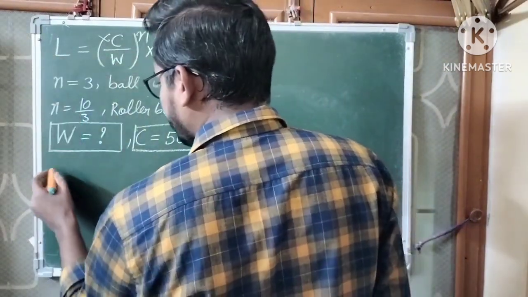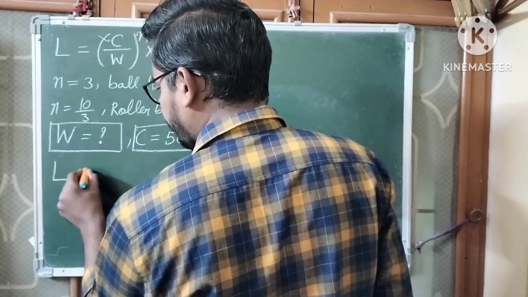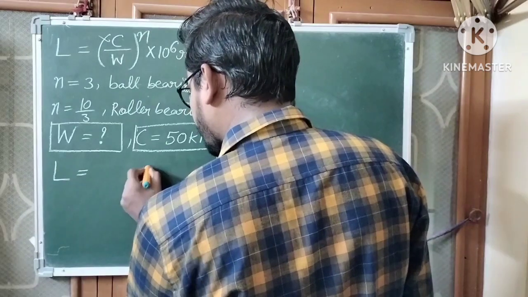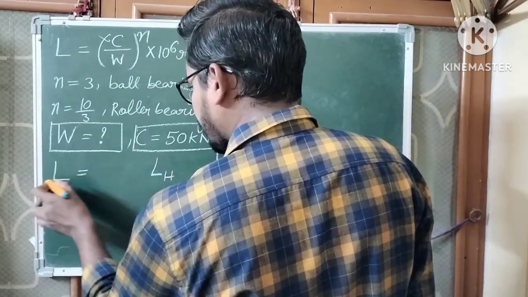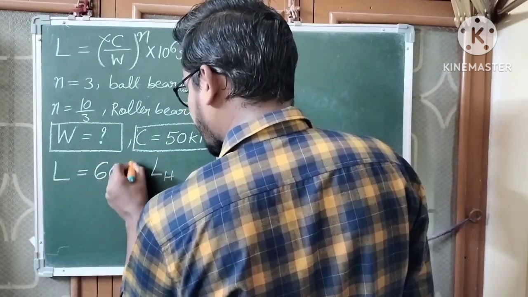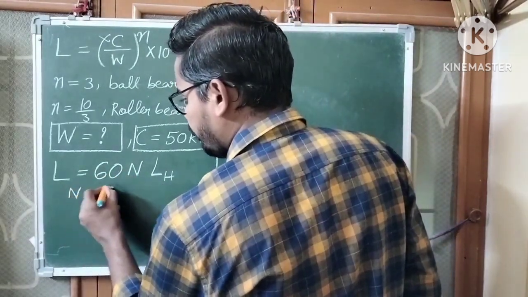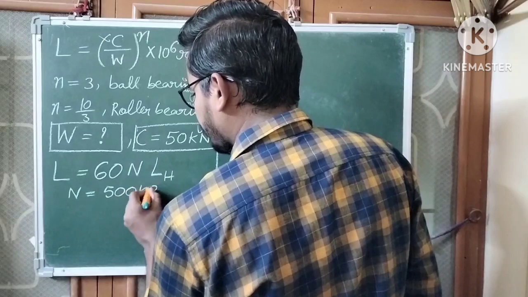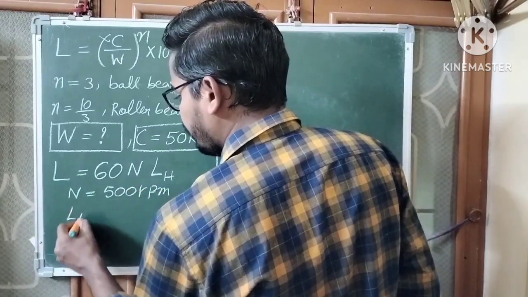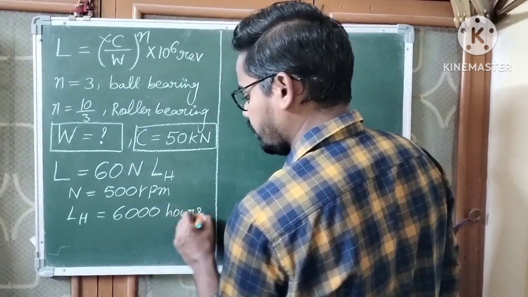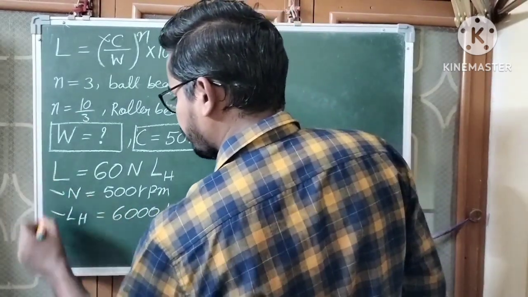At the same time we need L, the bearing life in revolutions. There is a relationship between life in revolutions and life in hours: L is equal to 60 N LH. N is already given, 500 rpm, and LH is 6000 hours. Using N and LH we can find L.